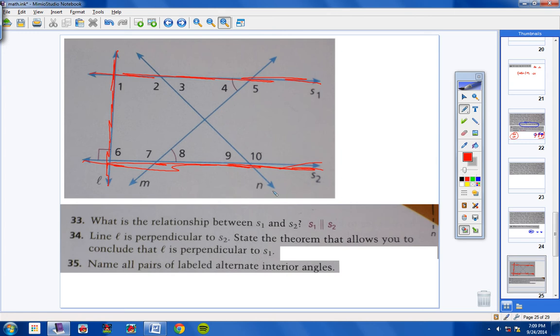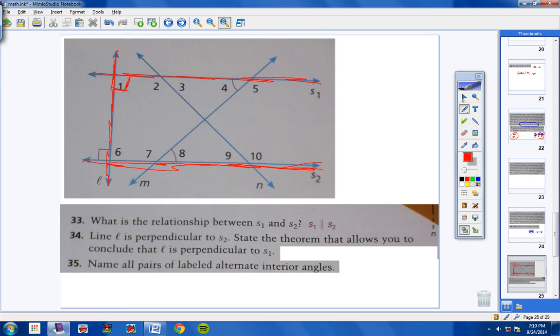And there's a theorem that states if one line is perpendicular to a line and a parallel line is perpendicular to that same line, then these 2 lines will be perpendicular.